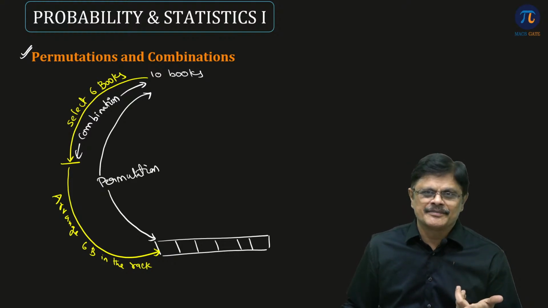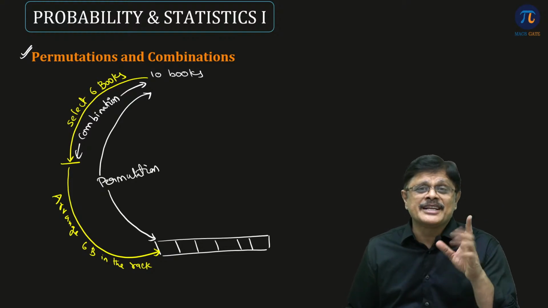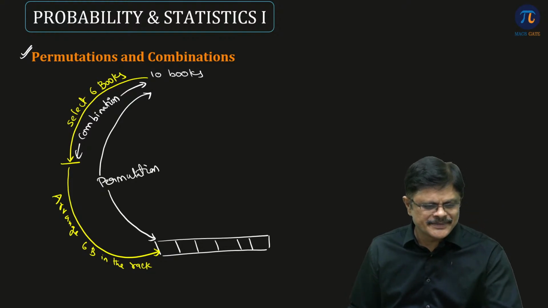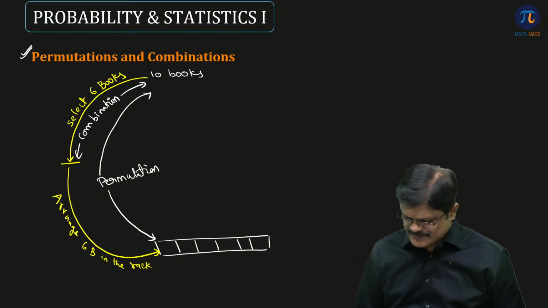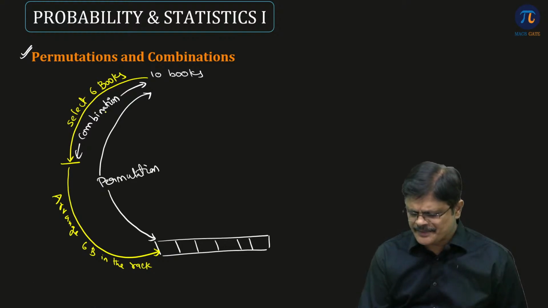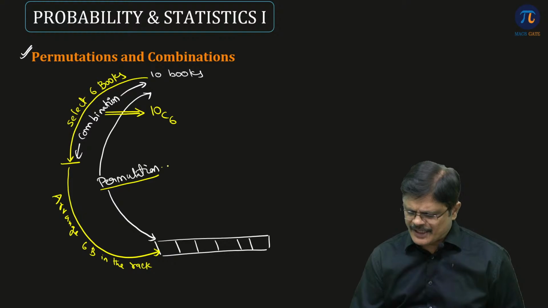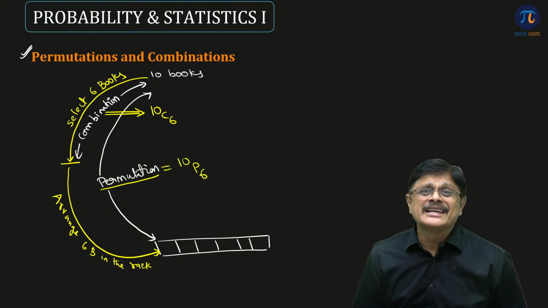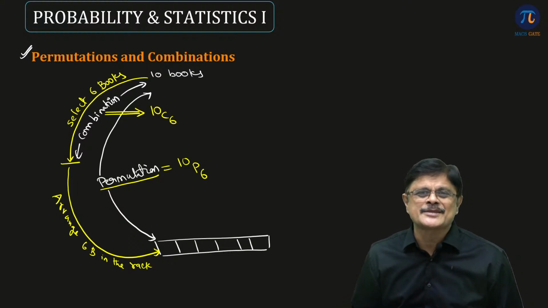Combination is selection, whereas permutation is selection followed by arrangement. Hope you understand. Is the idea clear? So here for this combination, out of 10, I am selecting 6 books. Whereas for this permutation, out of 10, I am permuting 6 books. That is selecting 6 books and arranging 6 books. That is what we call permutation.